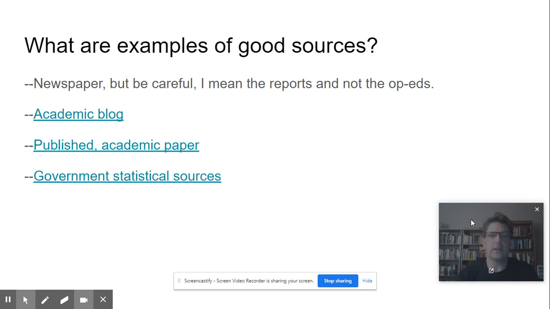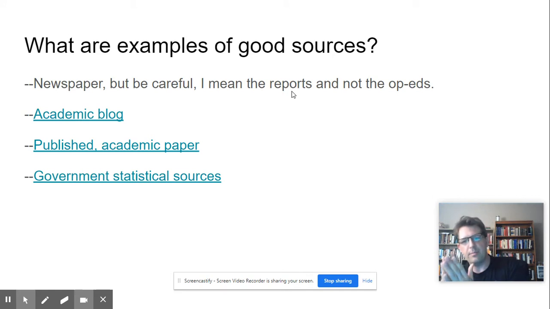So let's take a look at examples of good sources. A newspaper is good, but you want to look at the reports and not the op-eds. Okay, the reports are like the news stories, and at the end of the paper, you'll see where it says opinion editorial. That is not really a good source. That's just people giving you their opinions, right?